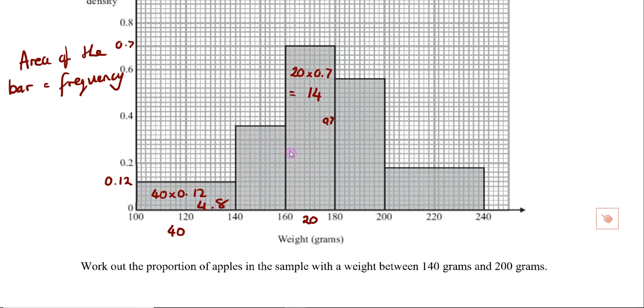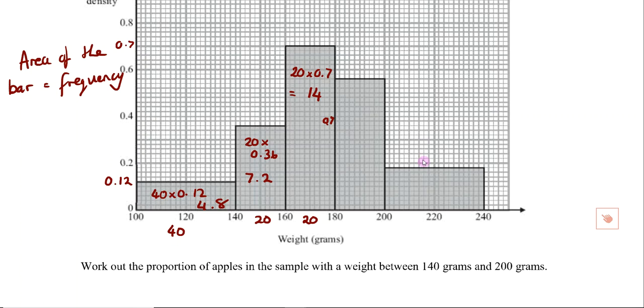Okay. This one then, I've got 20 times 0.36. Each little square is worth 0.02.